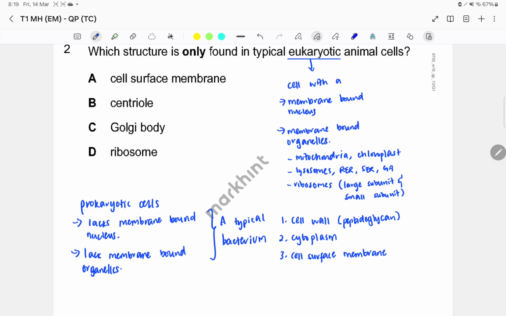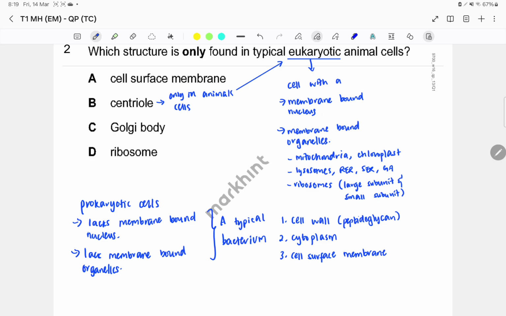In a typical eukaryotic cell, what is only found? Because we can also find, number one, the cell surface membrane in the bacterium here. Centriole is found in the animal cell, especially only in animal cells. Remember, animals are eukaryotic.